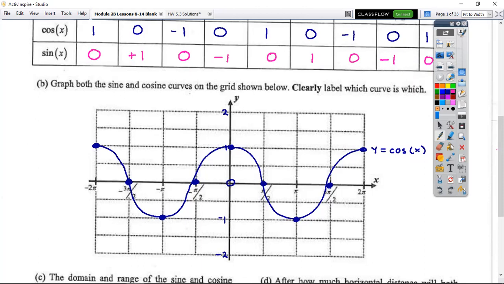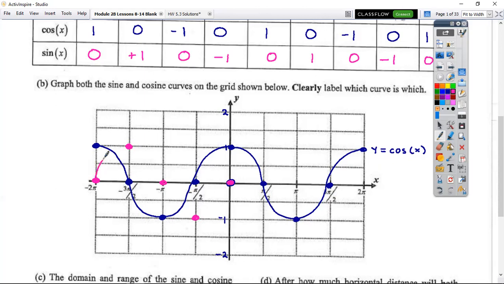So your graph should look like this. We have 0, 1, 0, -1, 0. And again, I like to do the graphs half at a time, just for your studying purposes.